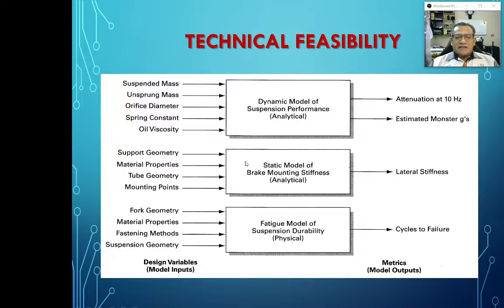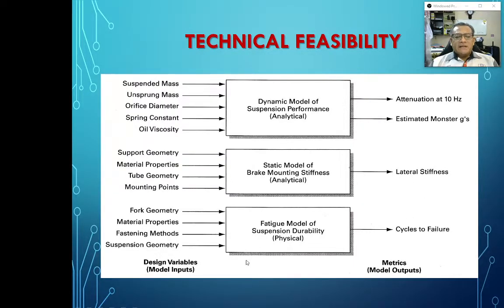Okay, this is kind of a black box design. For example, to have lateral stiffness, right? So the static model of the brake mounting stiffness must be analyzed, and it must have a good support geometry. It must have excellent material property, the tube geometry, and also the mounting points. So all these will produce a very good lateral stiffness, right?